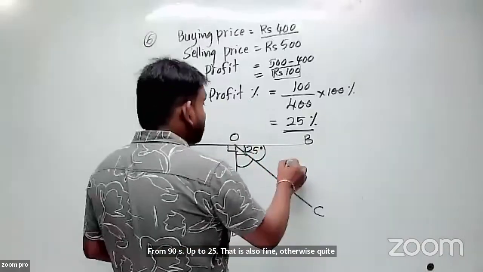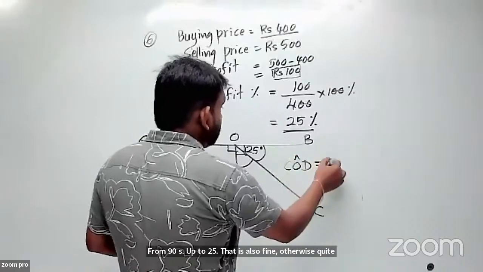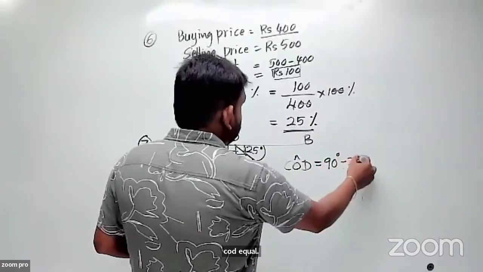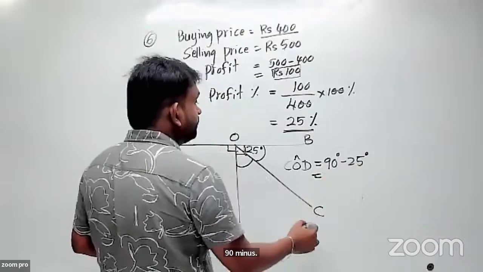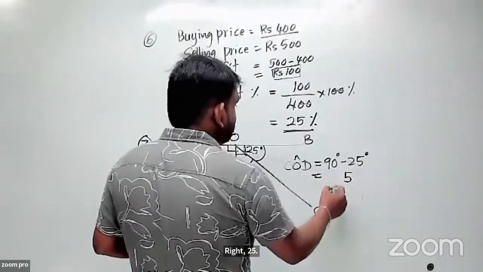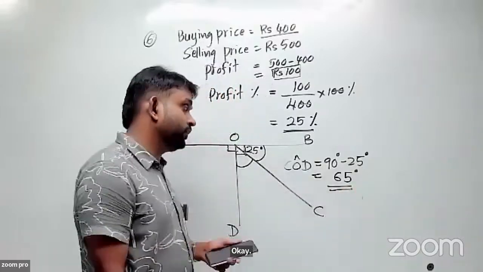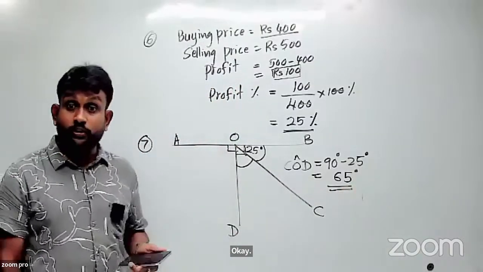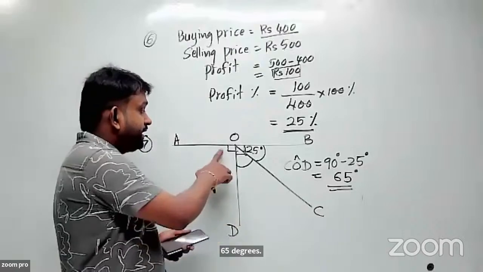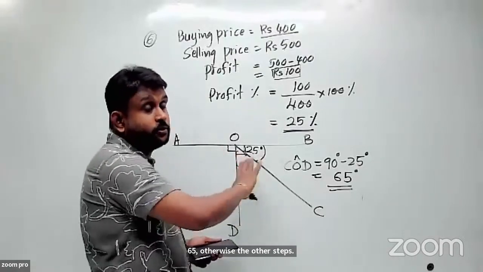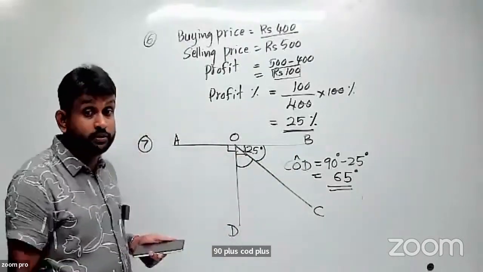So I directly take COD equals 90 minus 25, which is 65 degrees. Or otherwise, the other steps: 90 plus COD plus 25 equals 180, and then solve for COD.